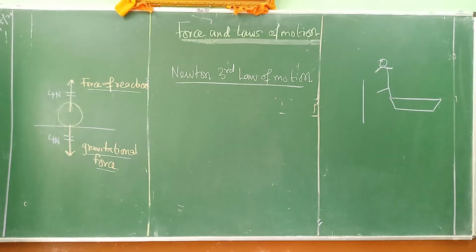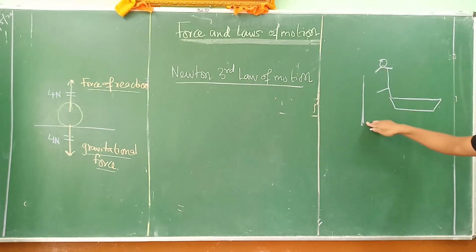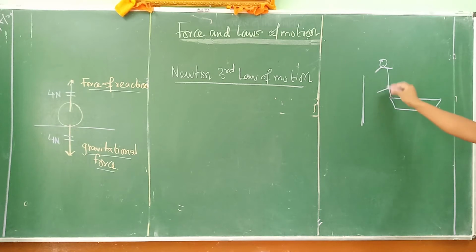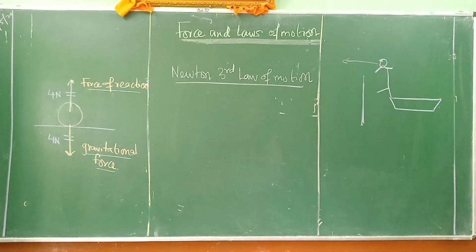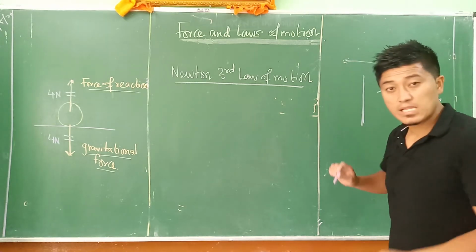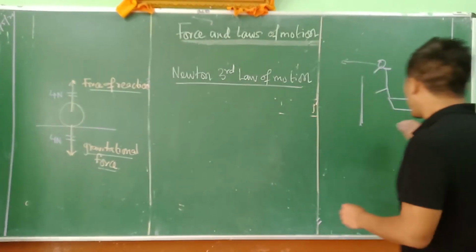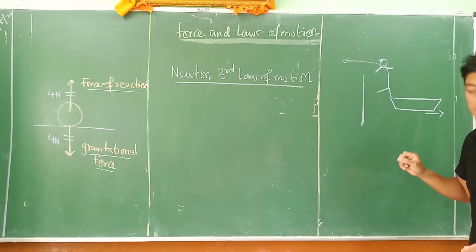Now, in the second kind of situation, there is a person again. He was on a boat and he was reaching the seashore. Now he wanted to jump onto this side. Understand? If this person applies a little amount of force in the jump, then this boat will move a little bit backward. Is that clear?